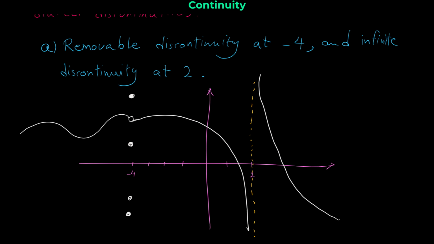It doesn't change anything, but it's not necessary to define your function at -4, because removable discontinuity only means that we have a hole at that point. But don't forget, you should not put these points here and fill that hole. No. If you fill that point, then the function is continuous at that point. You have to leave it empty. It's completely optional again to give a value at -4 or leave the graph as this.